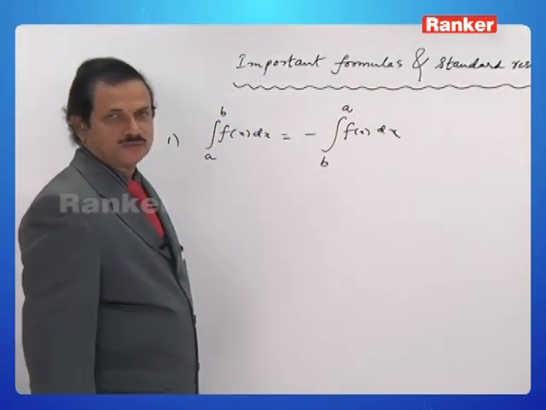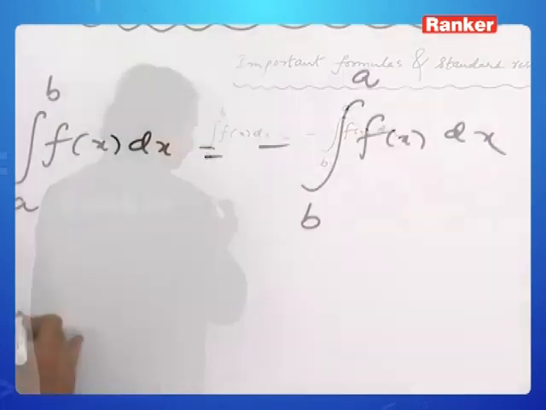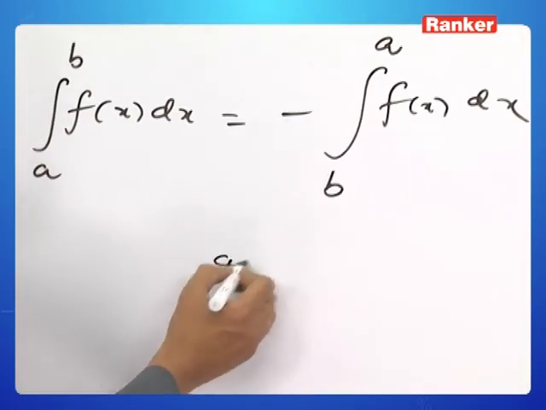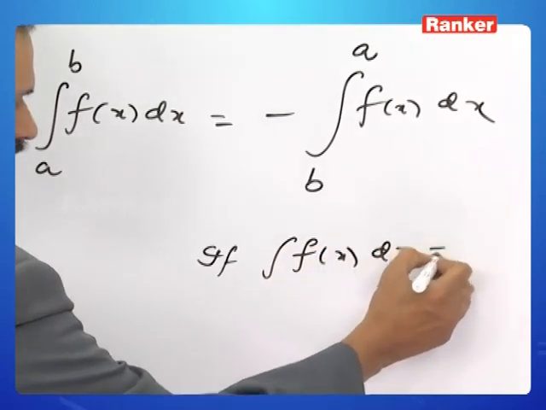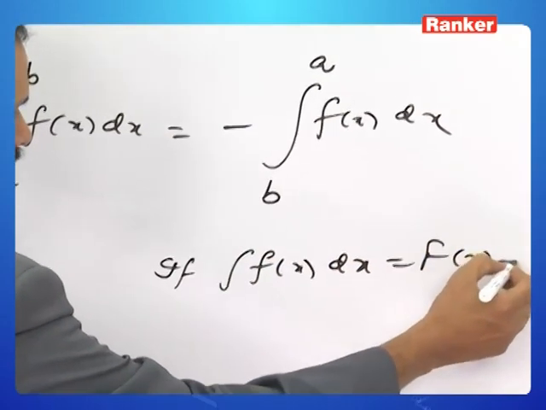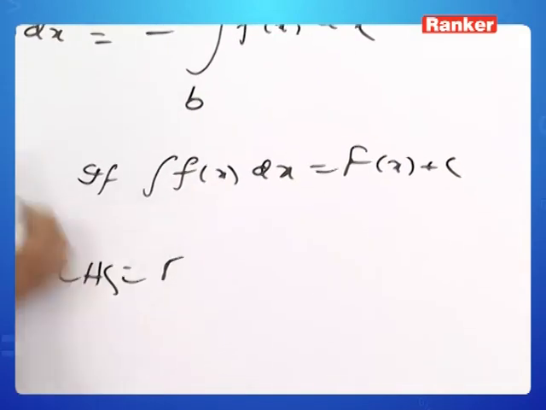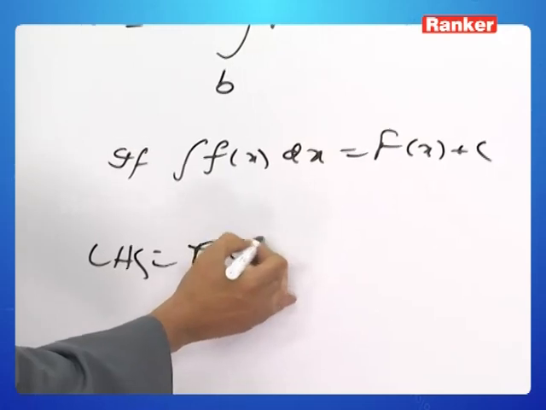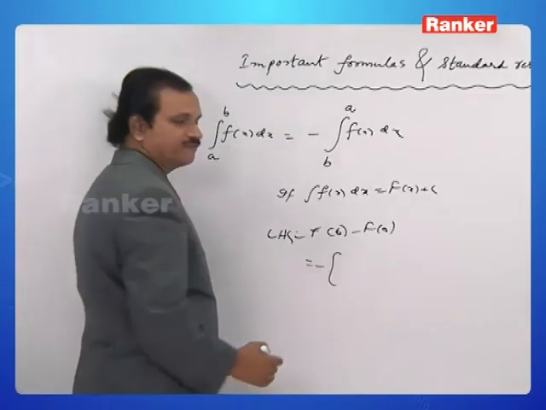That is the very first one, and it can be proved very easily. Look here, proof. If integral f of x dx is equal to capital F of x plus c, then LHS is equal to F of b minus F of a. You take minus as a common factor.